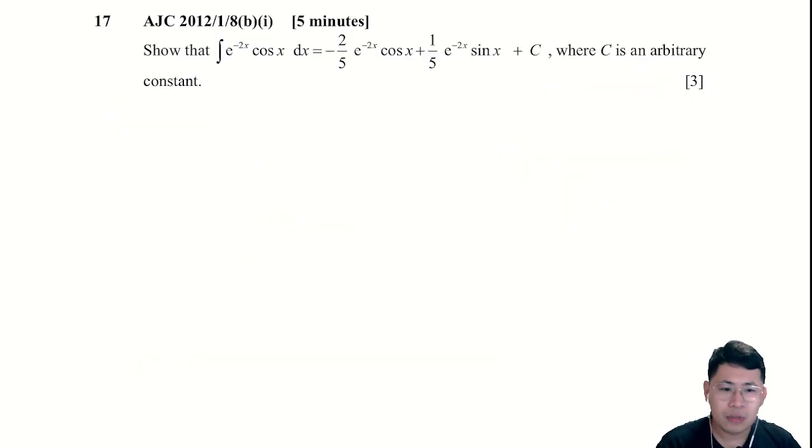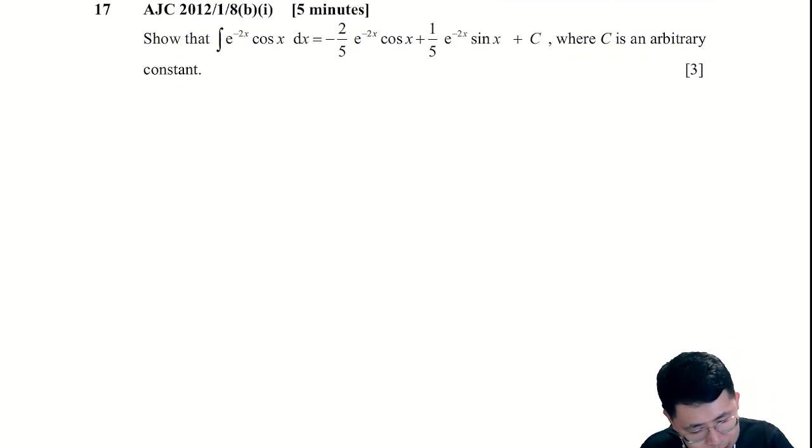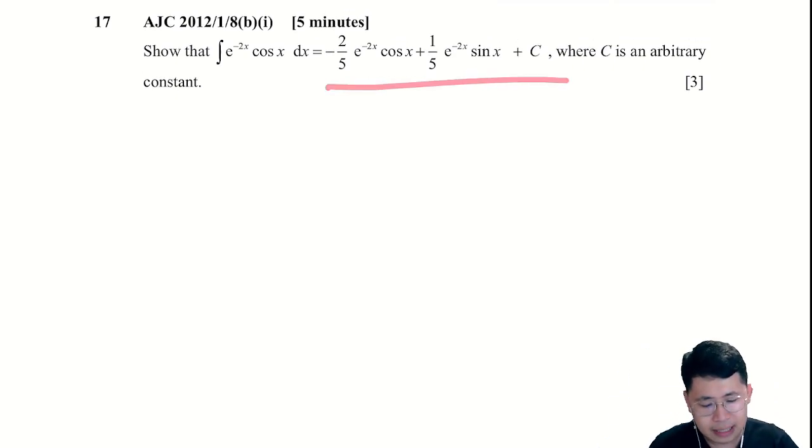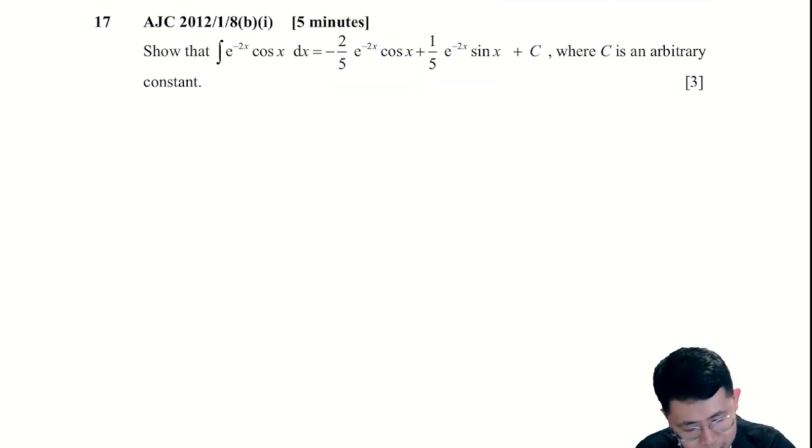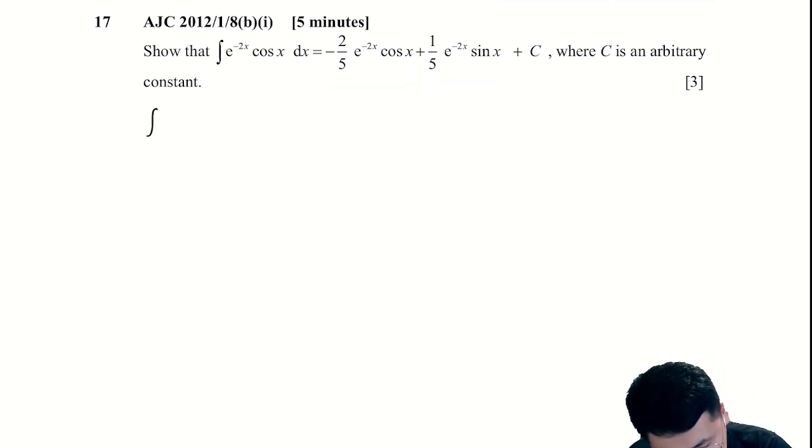Okay, so as a bonus, let us head to question 17, because I feel that question 17 is something that we need to learn also. Show that this integral will be equal to this whole thing over here, where c is an arbitrary constant. So that means we will just integrate e to the power negative 2x cos x dx.